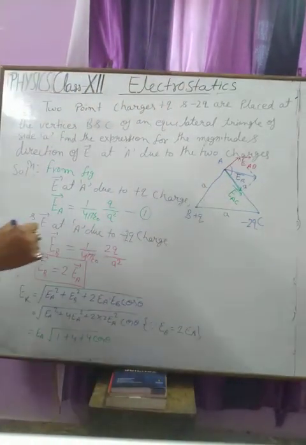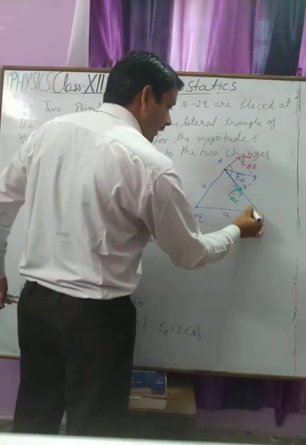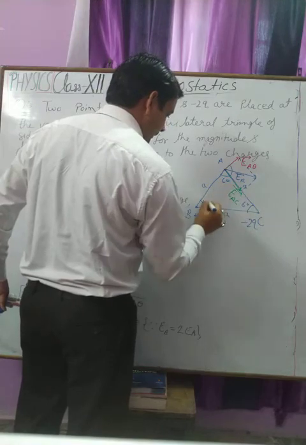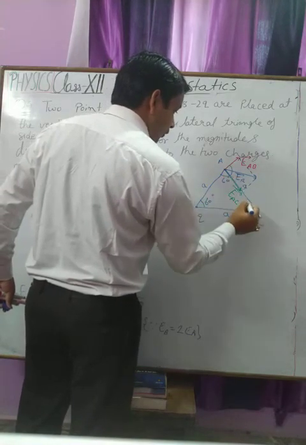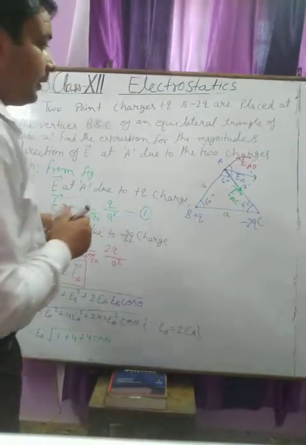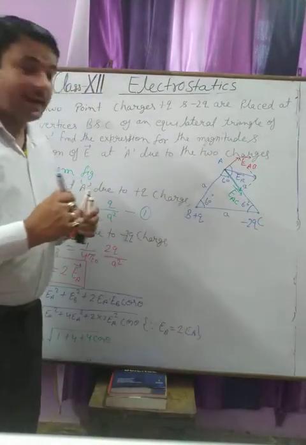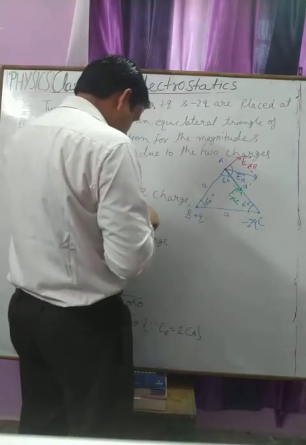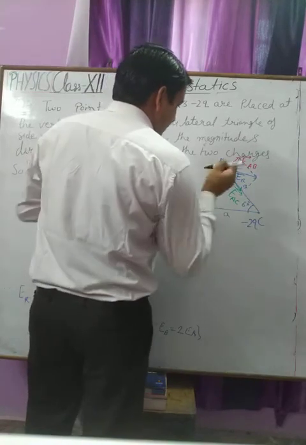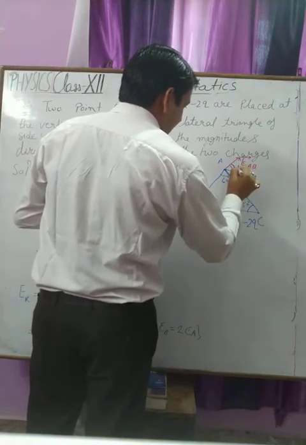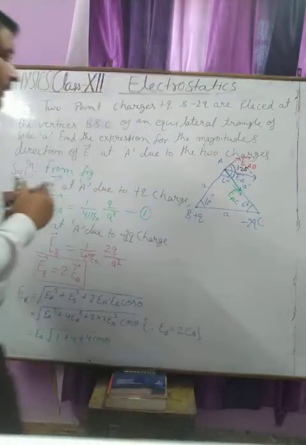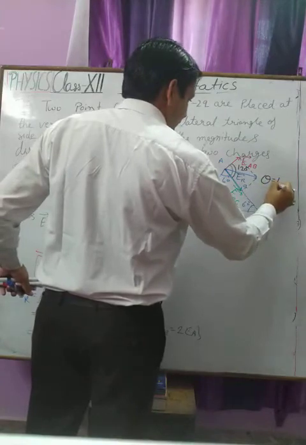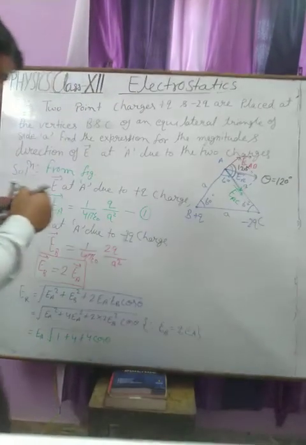From the figure, we all know, student, every angle of an equilateral triangle is 60 degree. Therefore, by the external angle of the triangle we calculate this angle as 120 degree. So we are using in place of theta 120 degree.